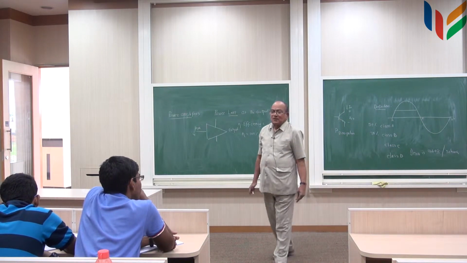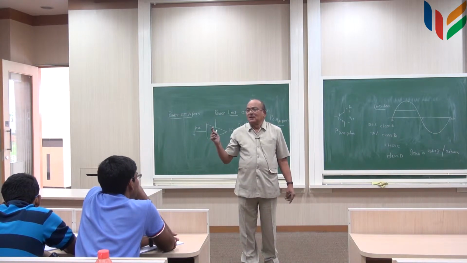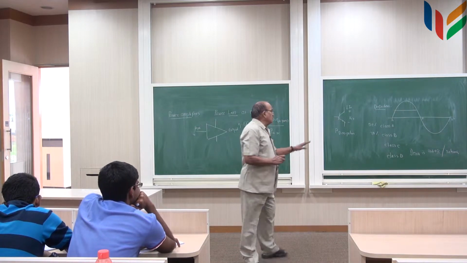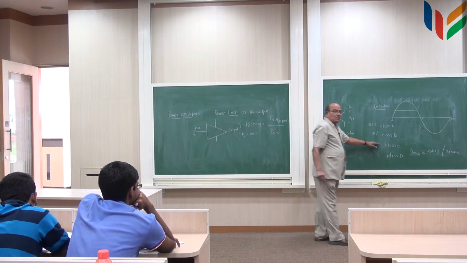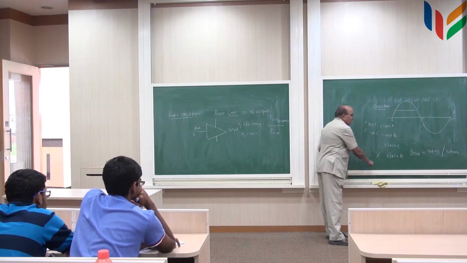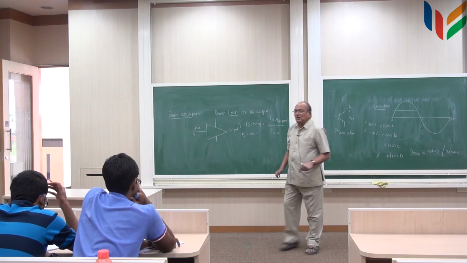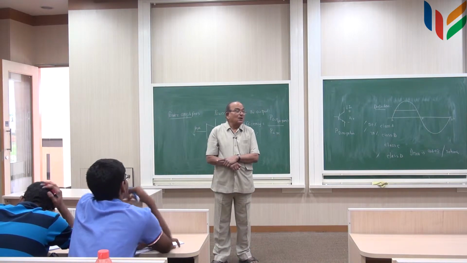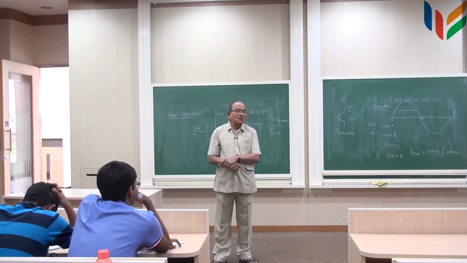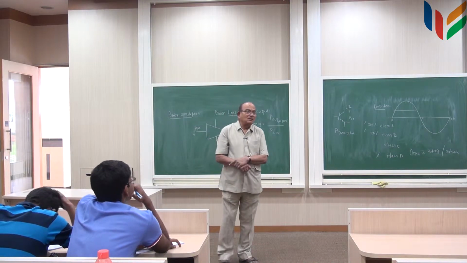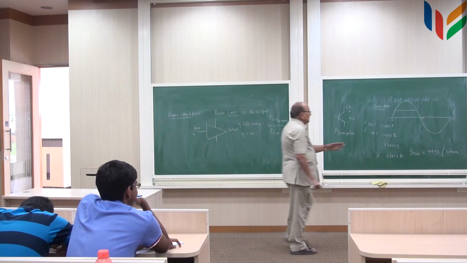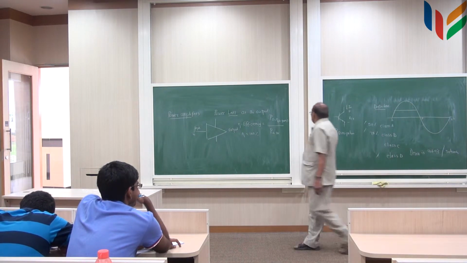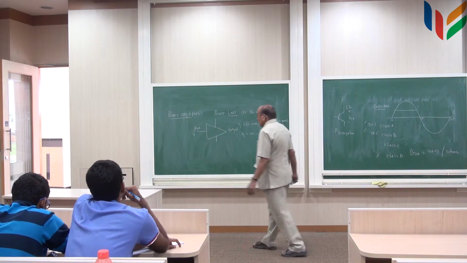These amplifiers are normally used as RF amplifiers. We do not use them at audio frequencies. So, let us not spend time on class C, let us spend time on class A, class B and class D, where we have the device conducting for the full cycle, or conducting only for half the cycle, or behaving in the two extreme conditions of either cutoff or saturated. So, these are called the class A, B, D conditions.